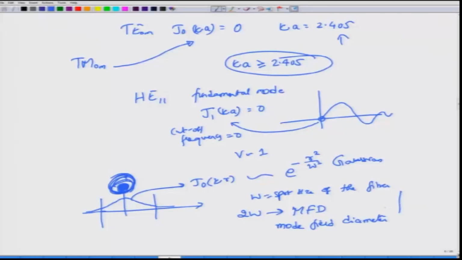If you look at how the mode field diameter changes with respect to V for the fundamental mode, we will see that initially the confinement is very small and then the mode field diameter approaches the diameter of the fiber. For larger values of V, close to 2, 2.2, 2.3, it would approach the value of 2a, but always be slightly larger than 2a.